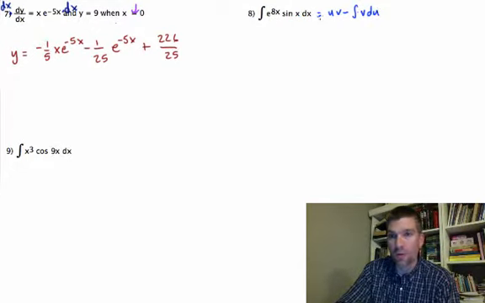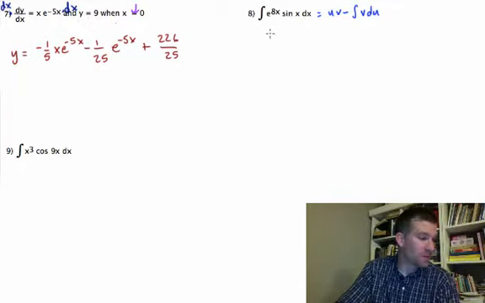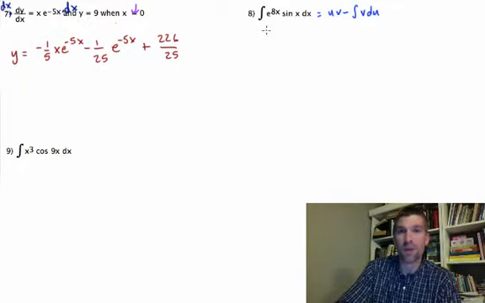shape somewhere over here. And on this guy, it doesn't really matter too much how you do it, but I'm going to go ahead and let u equal e to the 8x. So my dv then will be sine x.